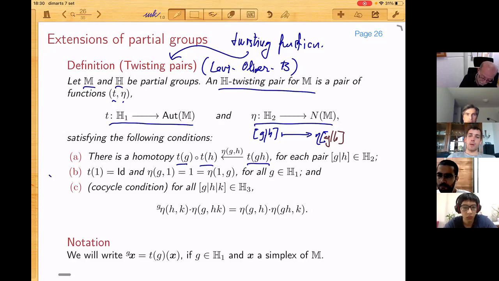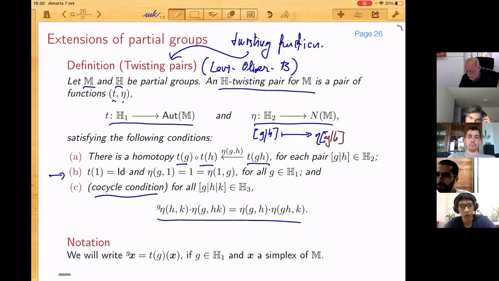So this is a normalization axiom. So T of one is the identity, etc. And then there is a cocycle condition that makes all these things work, right? So you recognize this is a cocycle, which is actually a boundary, right?